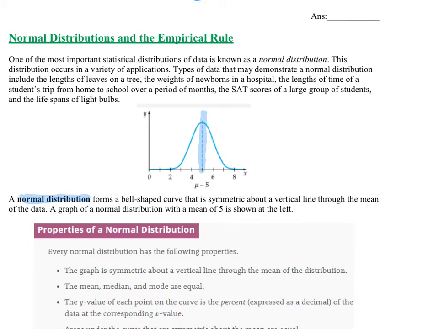A mean is also the median. This is the mean. It's also the median because it's in the middle. And it's also the mode because it has the highest frequency. So the mean, median, and the mode are all the same for this data. No matter what measure of central tendency we use, it's the same.